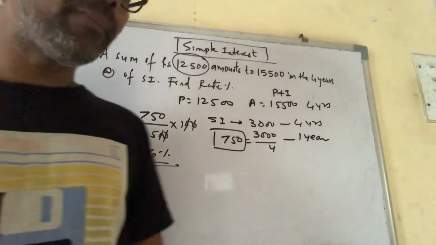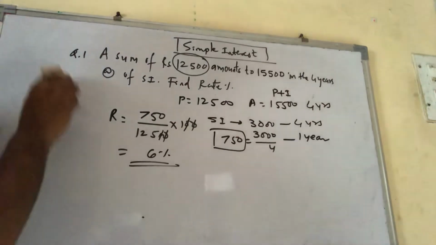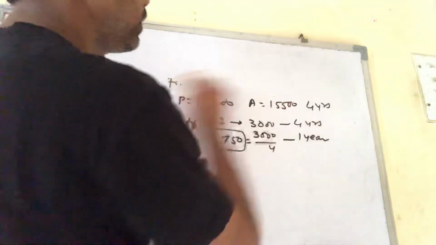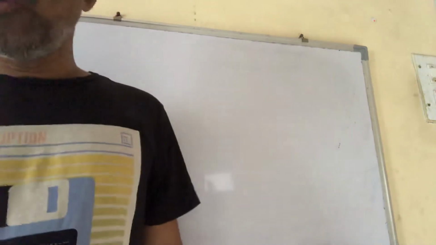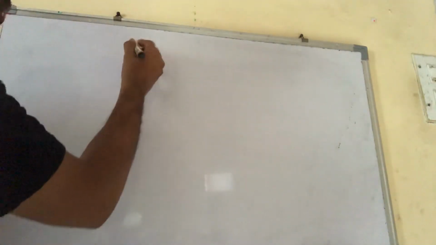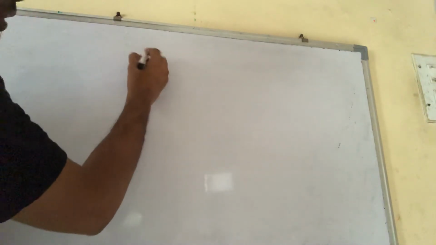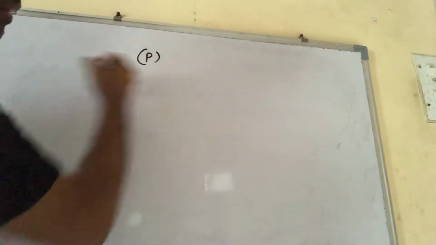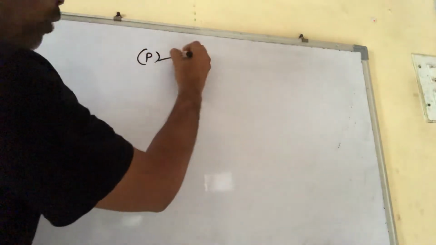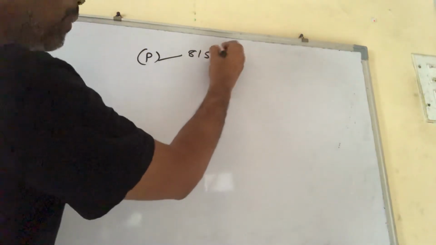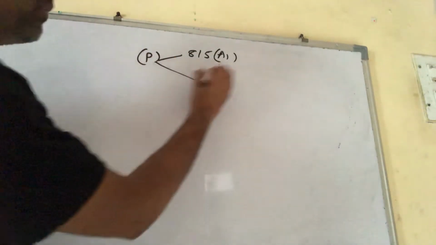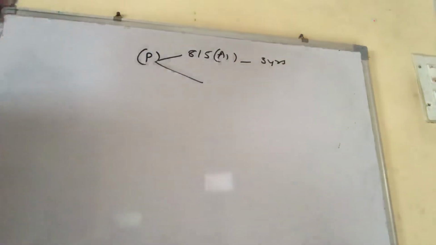Please try to do question number second. Question number second is: a sum of money at SI amounts to rupees 815. Let that sum be the principal P. It amounts to rupees 815, this is your amount 1, in how many years? 3 years.